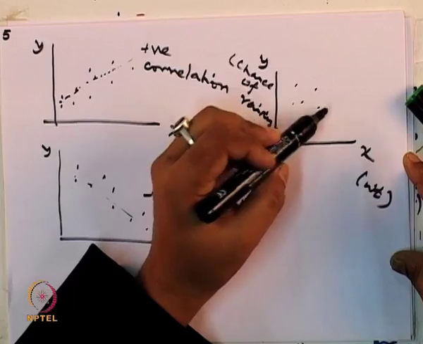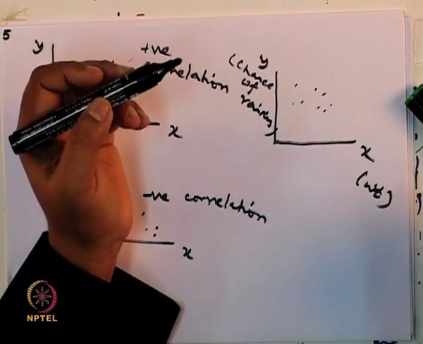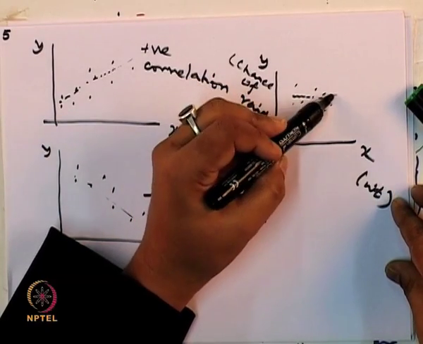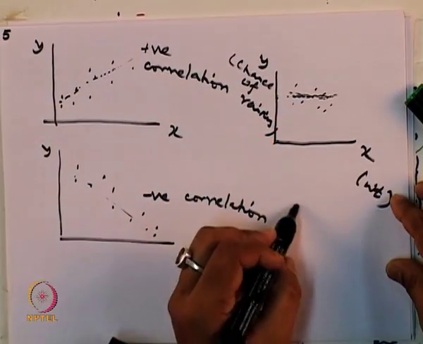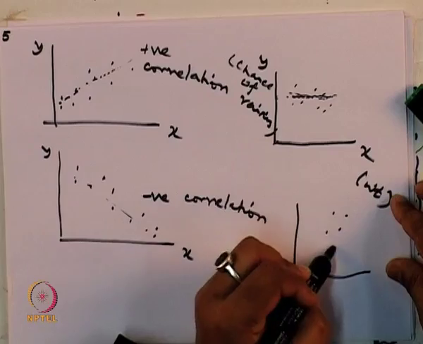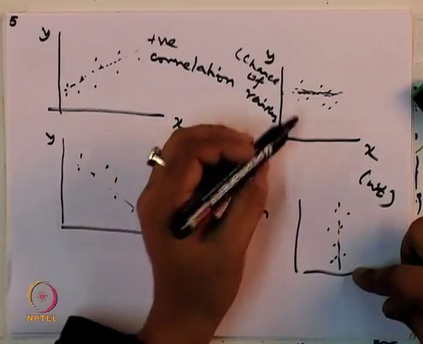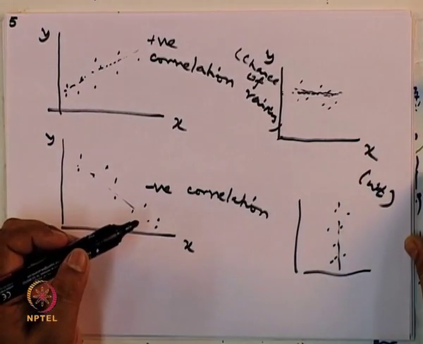We can clearly see that there is expected to be no correlation between these two. So if I draw a line, it will almost look horizontal, or in some other case almost completely vertical. So these are cases where there is no correlation between x and y.